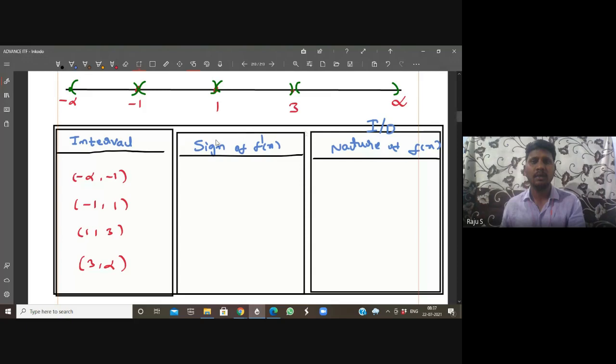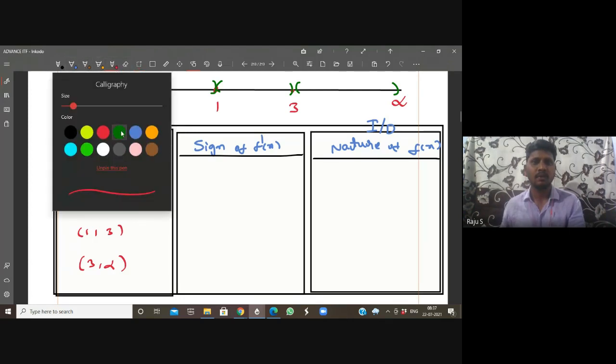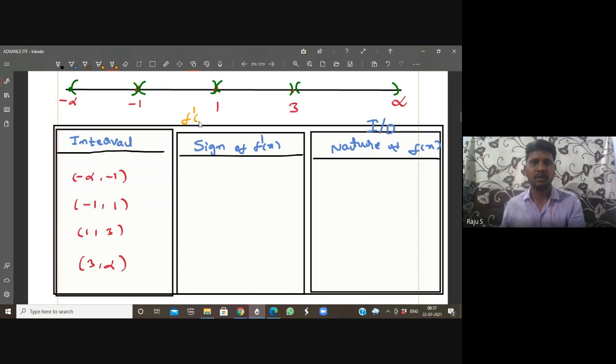If possible, you have to write the function here. F dash of x is equal to 3 times x plus 1 the whole square, x minus 3 the whole square, and 2x minus 2. Okay, right. So how can we check the sign?